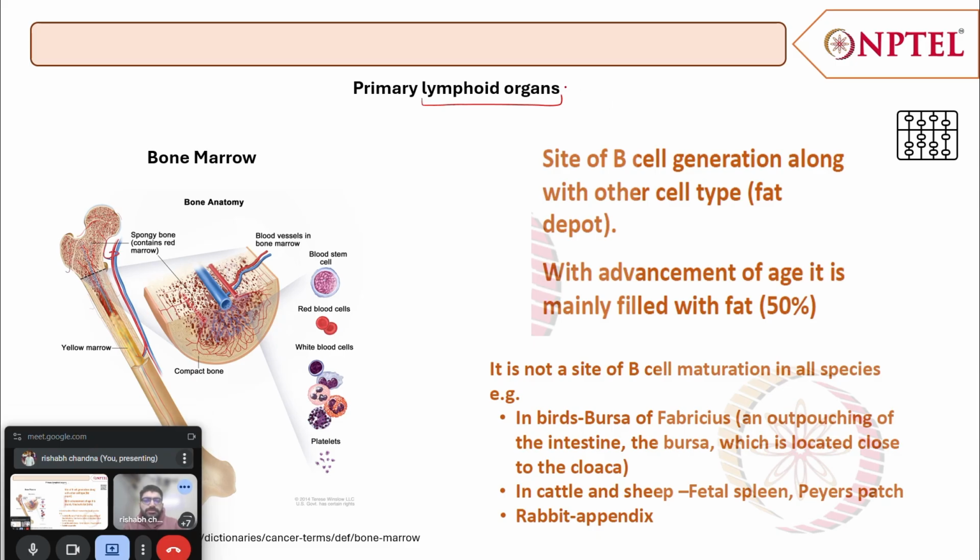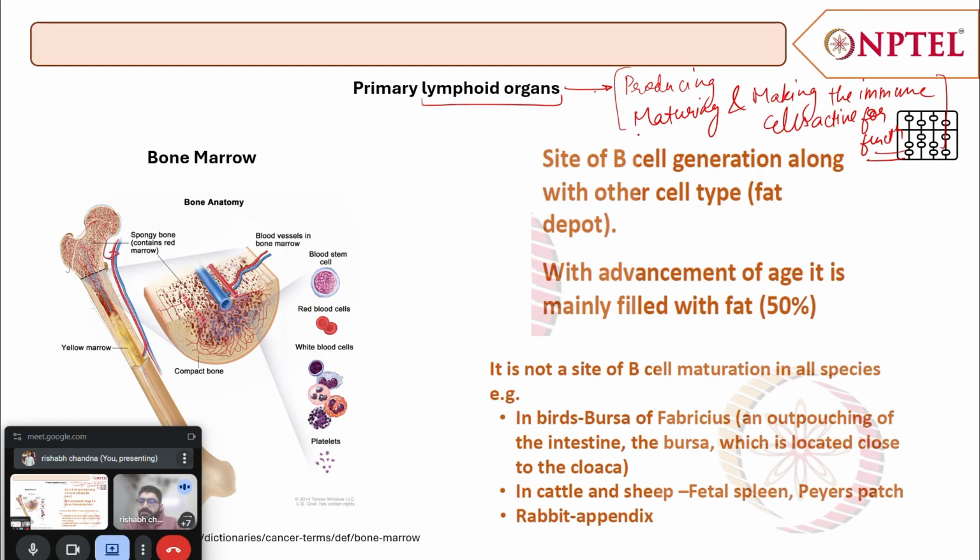They help in producing, maturing, and making the immune cells active for function. So this is the basic role of all the lymphoid organs that we see.